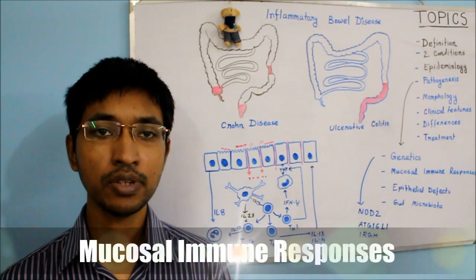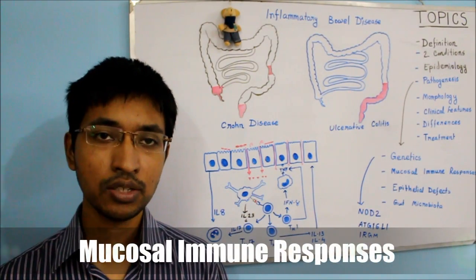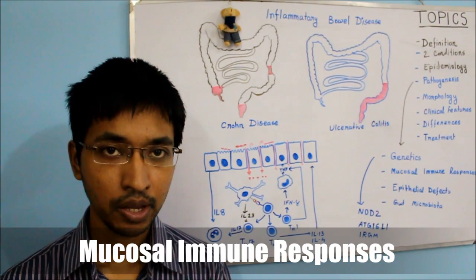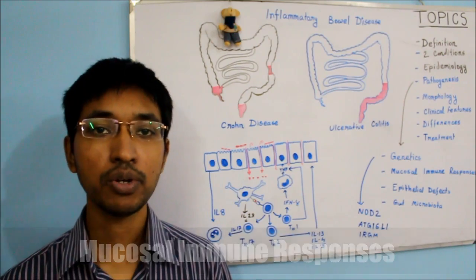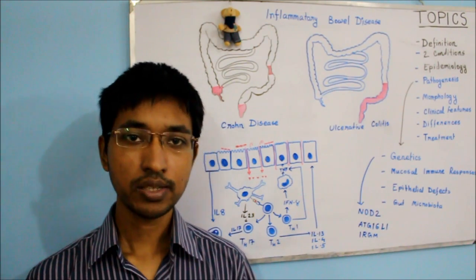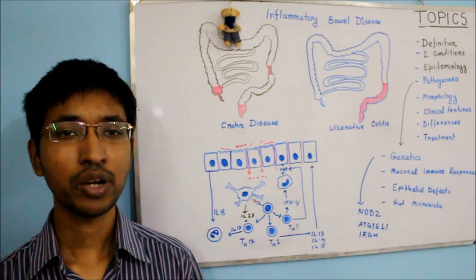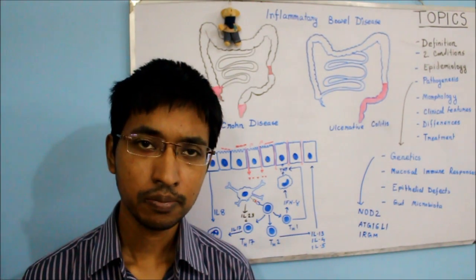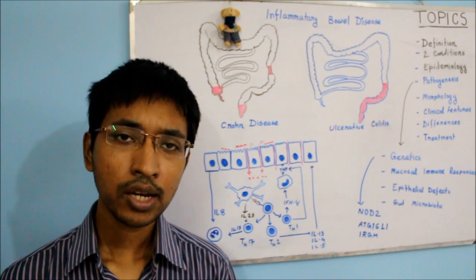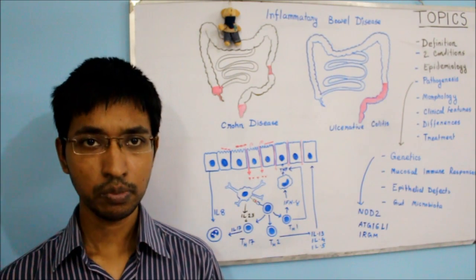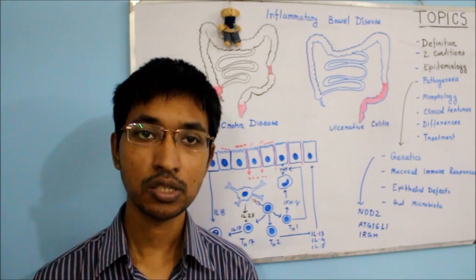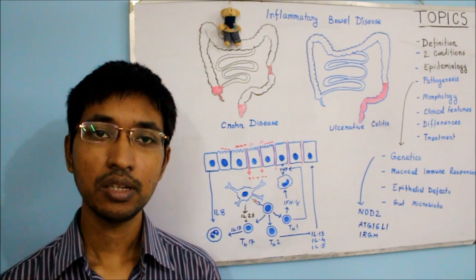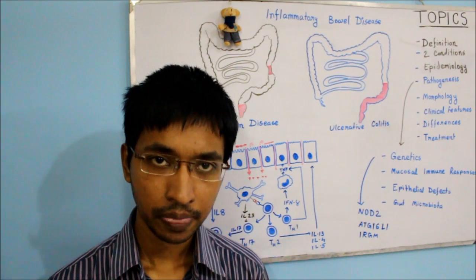Now, defective immune regulation and derangement of mucosal immune activation both can result in inflammatory bowel disease. So let's explain these two components one by one. Now, under normal condition, there is a lack of immune responsiveness to dietary antigens and to the commensal flora that are seen in the lumen of the intestine.